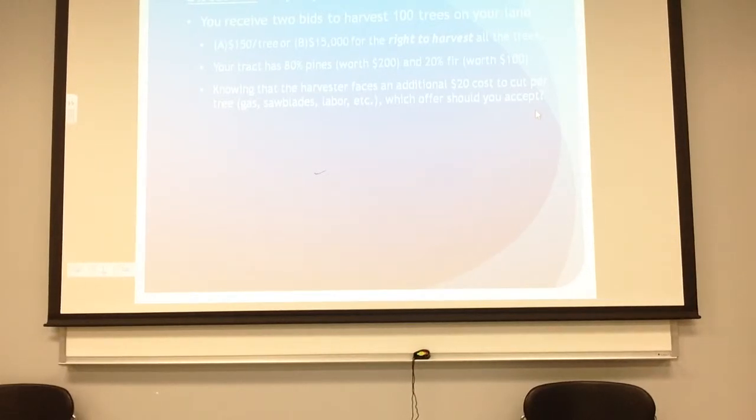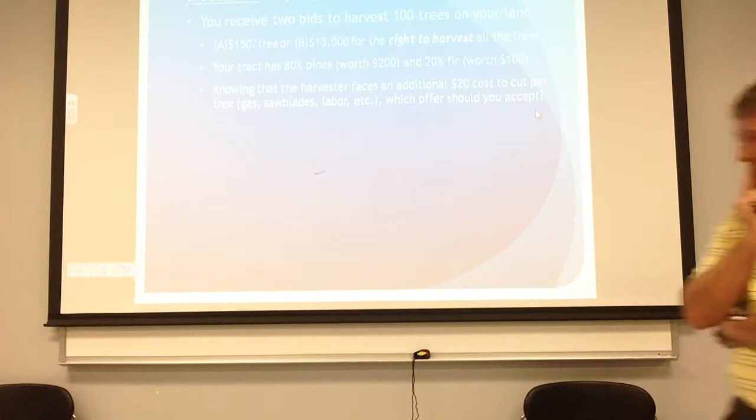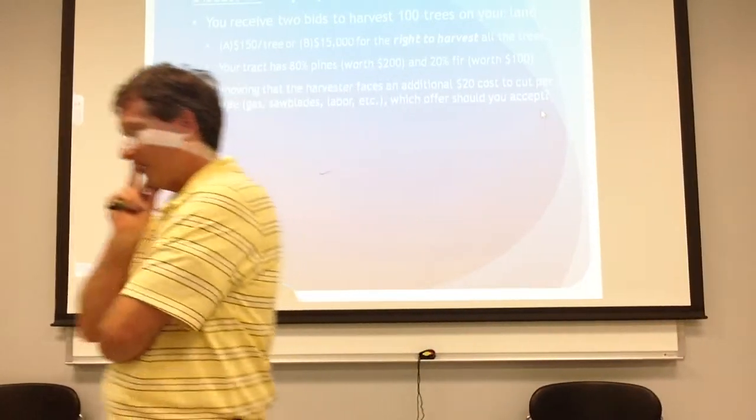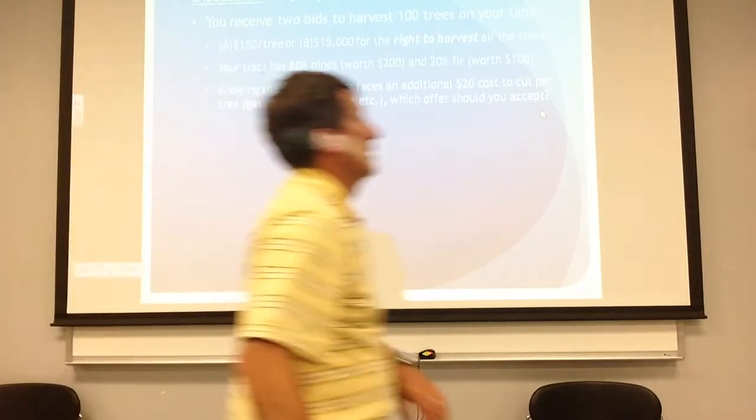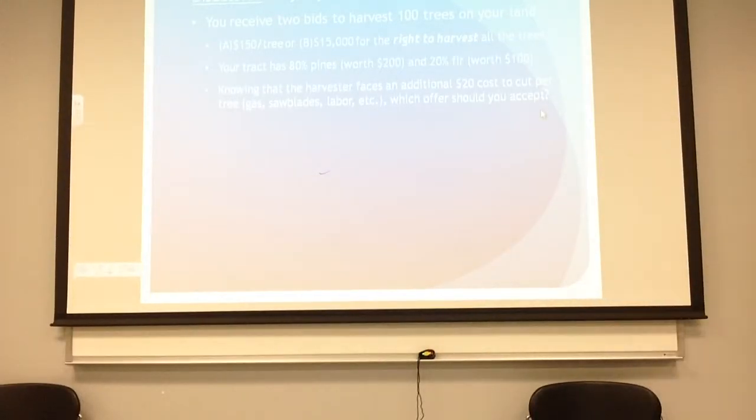I think you guys are on it. Those of you who watched the video got the gist of it. What's the difference between the two contracts? There's going to be more incentive for him to harvest per tree, because then he can essentially make more money by harvesting more trees.